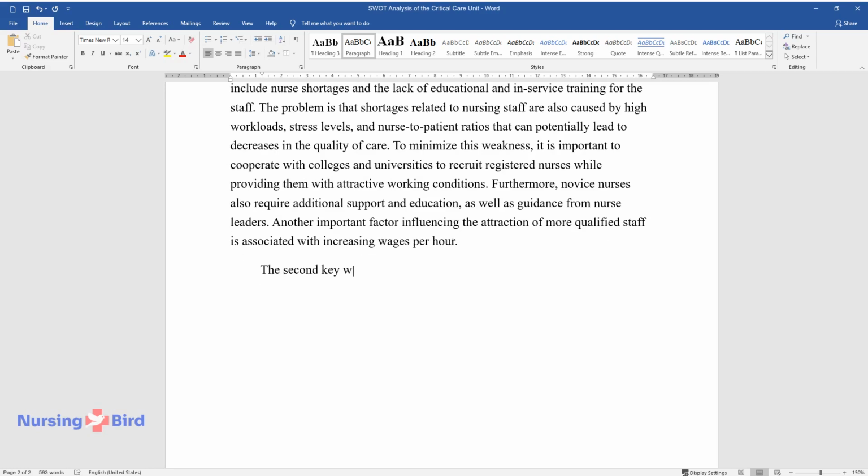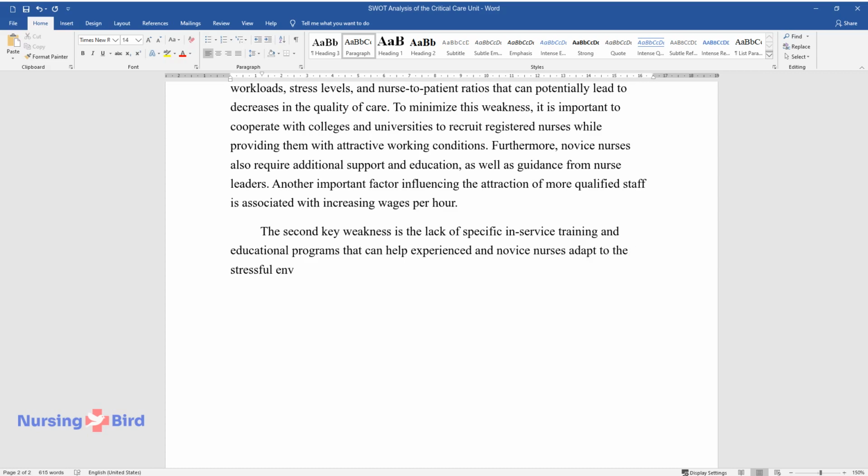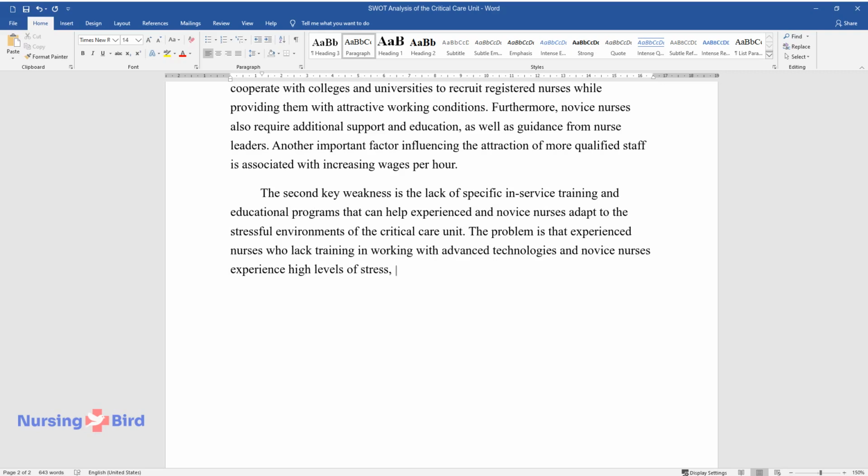The second key weakness is the lack of specific in-service training and educational programs that can help experienced and novice nurses adapt to the stressful environments of the critical care unit. The problem is that experienced nurses who lack training in working with advanced technologies and novice nurses experience high levels of stress, pressure, and fatigue that cause high turnover rates.